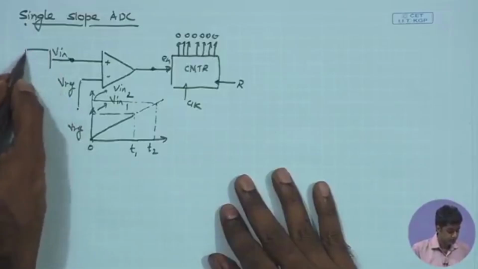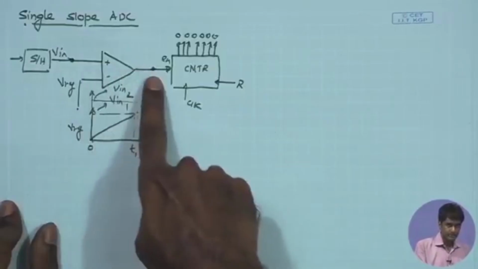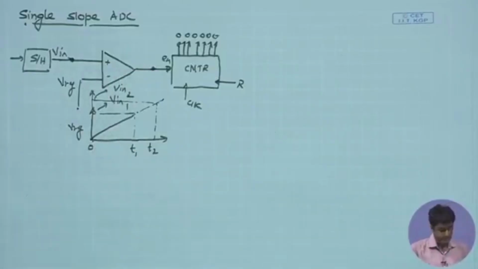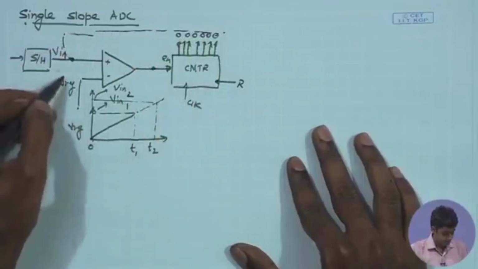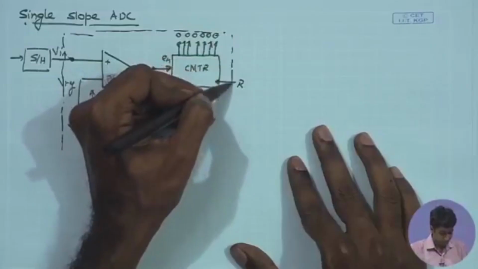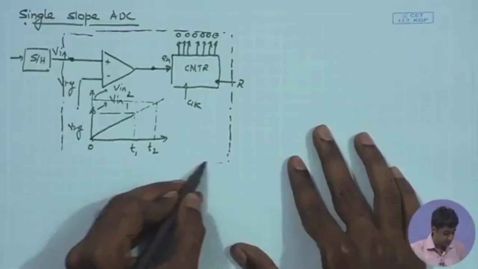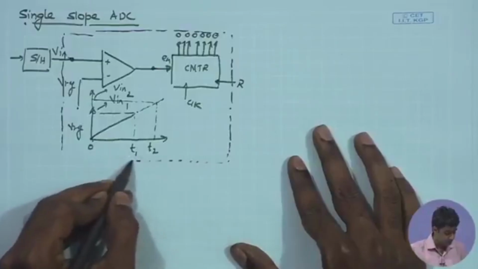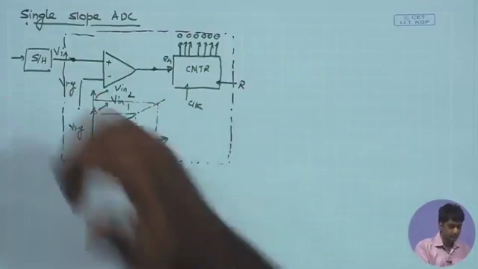So, before the analog data can be digitized by our ADC, which can be basically denoted by this entire black box and its constituents, the data must be stable, it must be sampled and it must be at a constant value, because ultimately we are trying to digitize samples of the analog data.